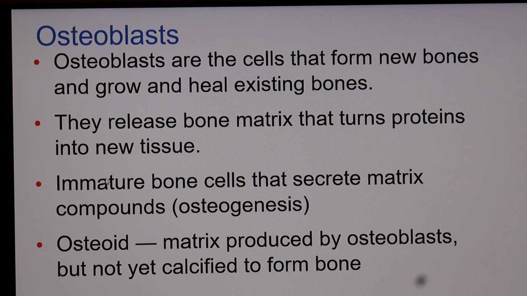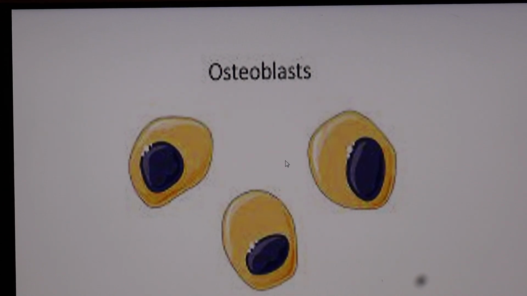These are the osteoblasts, which are immature bone cells. Take note of that. They secrete matrix components. Osteoid is matrix produced by osteoblasts but not yet calcified to form bones. Hence, they are regarded as immature bone cells. This is a picture of an osteoblast.